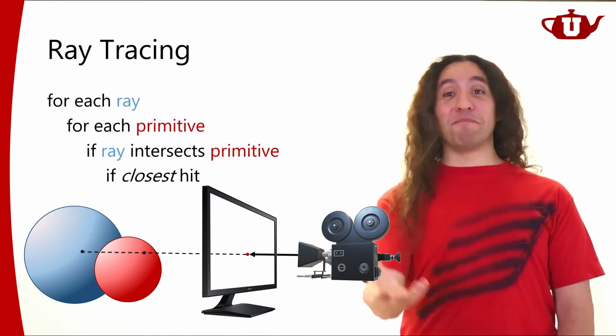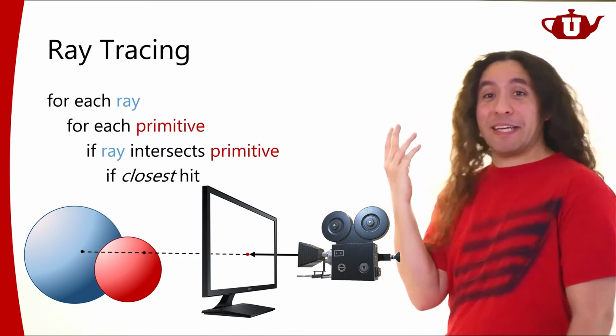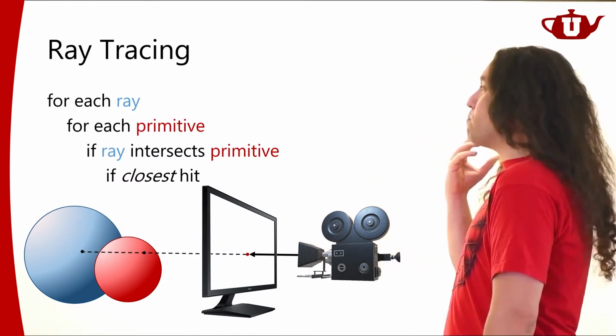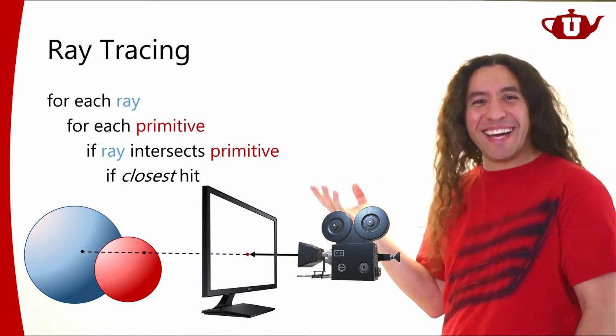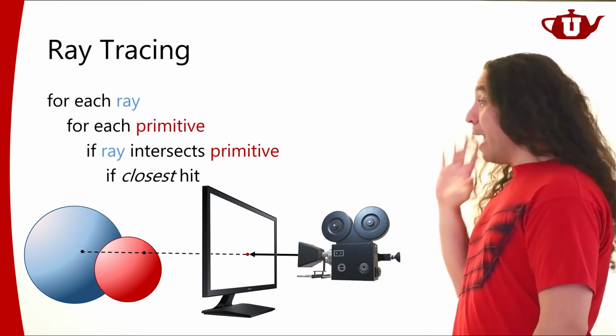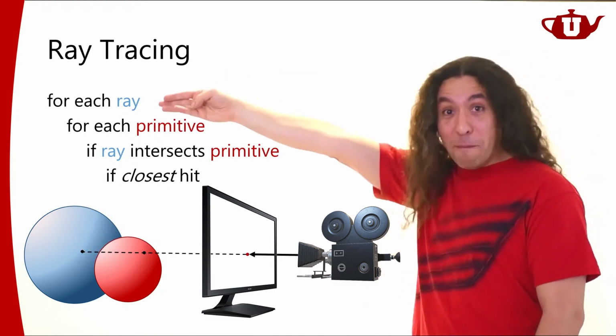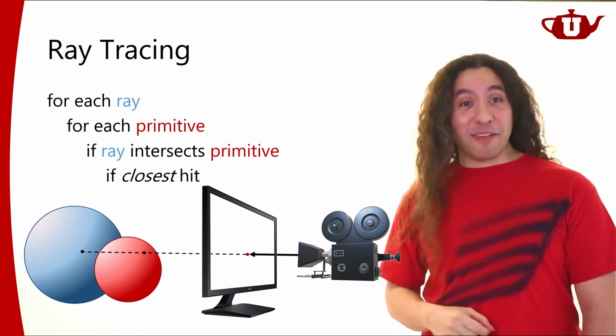Even one of the lowest resolution screens that we use today, let's say it's 1080p. In 1080p, you have more than 1 million pixels, right? And in 4K, you'll have a lot more. So you have so many rays, you have millions of rays, and you have millions of primitives.